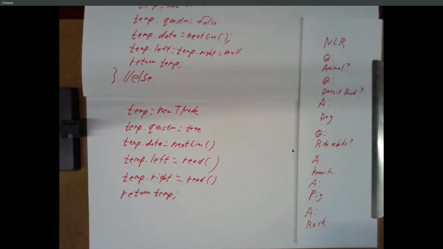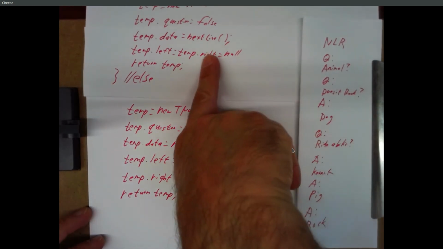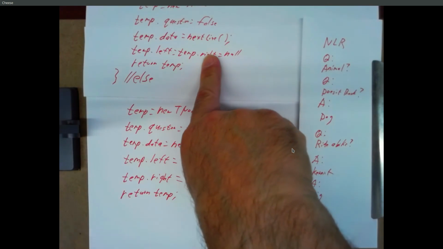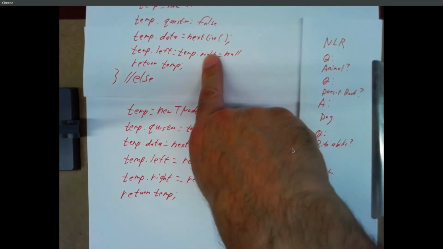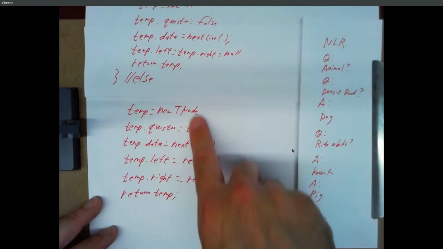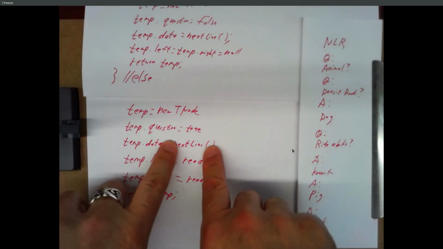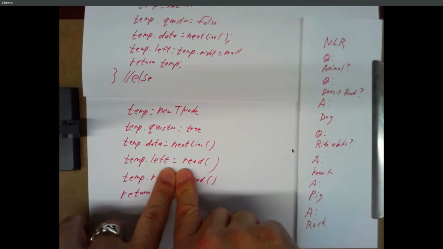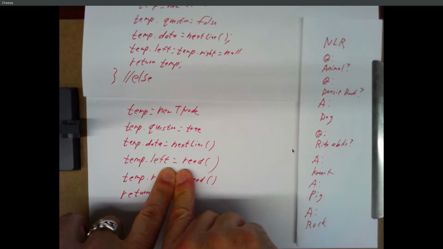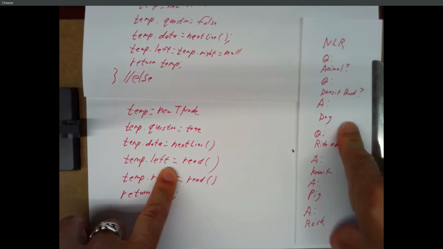But this is basically undoing the result of NLR traversal, right? So if we're at a leaf node, we're just going to read one line. That's where our NLR recursion hits the end and pops back up. Otherwise, we're going to read in the current node, and then this corresponds to the left traversal. Whatever we got from traversing to the left should be the next thing in the file.